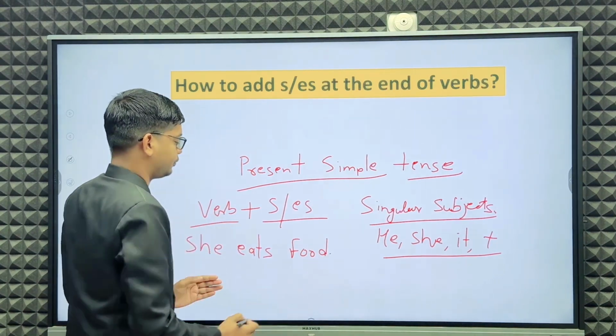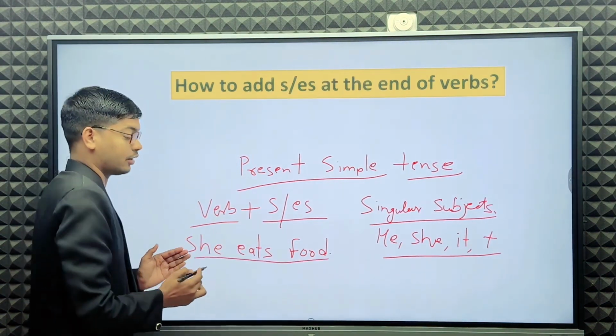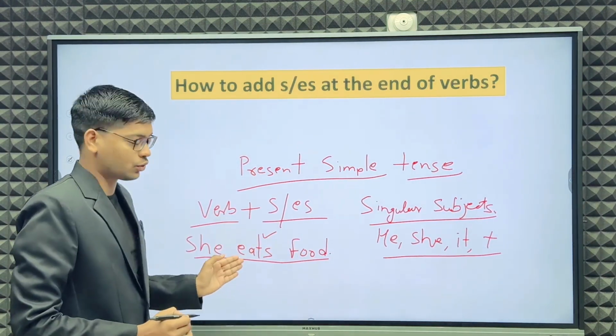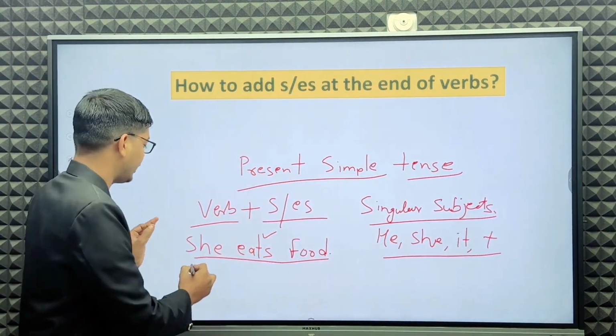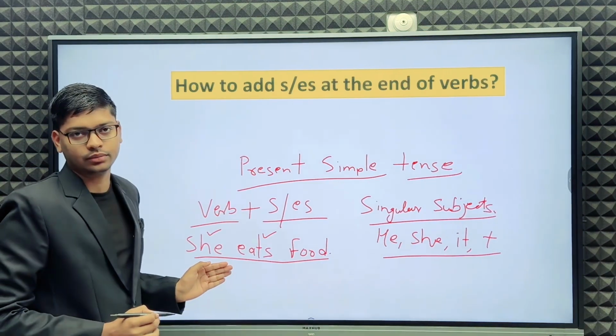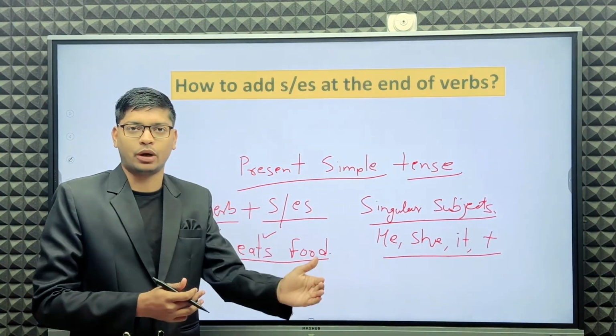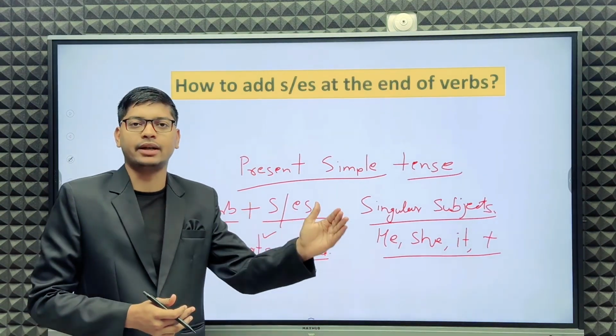This is right because we added s or es to the verb, because here the subject is singular. With a singular subject we have to add s or es to the verbs in simple present tense.